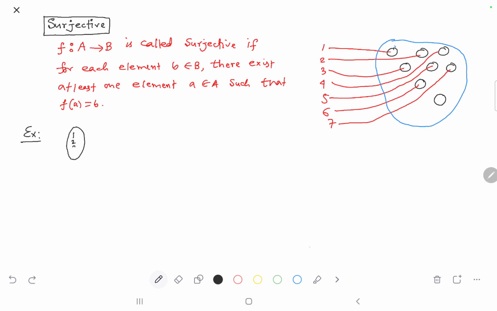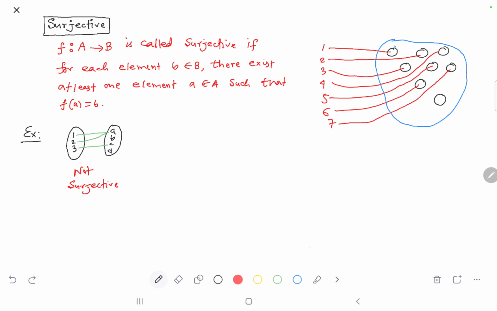One, two, three, a finite set I am taking, and A, B, C, D. Let me give you a map: 1 goes to A, 2 goes to A, 3 goes to C. Is it a surjective map? No, because B has no pre-image, and D also has no pre-image. So this is not surjective.